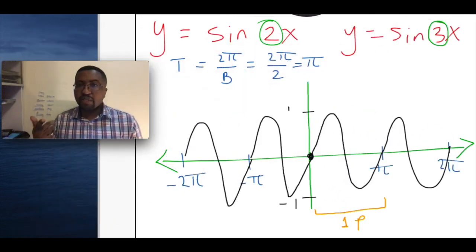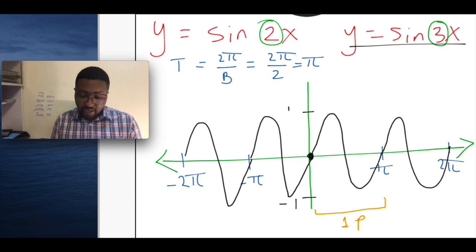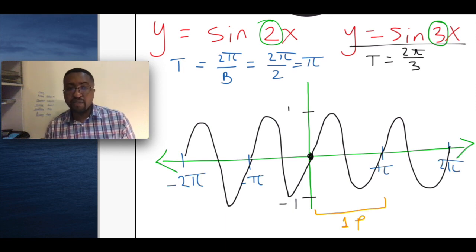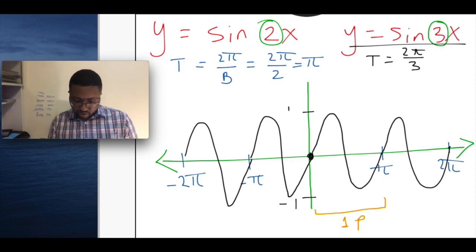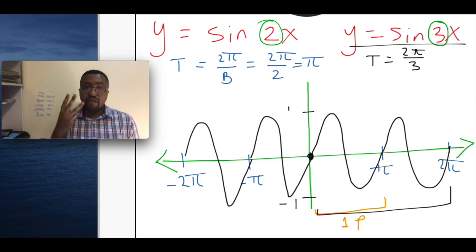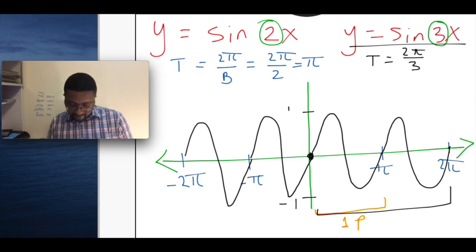How about y equals sine of 3x? So again, the period is going to be 2 pi over 3. Okay, that's 60 degrees. So in this whole distance of 2 pi, I will have 3 cycles. I will divide it into 3 equal cycles, maybe here and there.